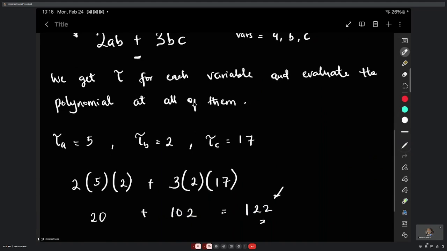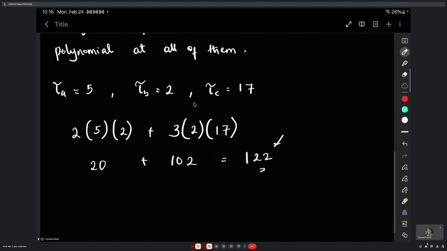We pick different random values for the different variables, and then we evaluate the polynomial at those random values. So basically it's just like a normal evaluation of a polynomial, and we have our commitment.